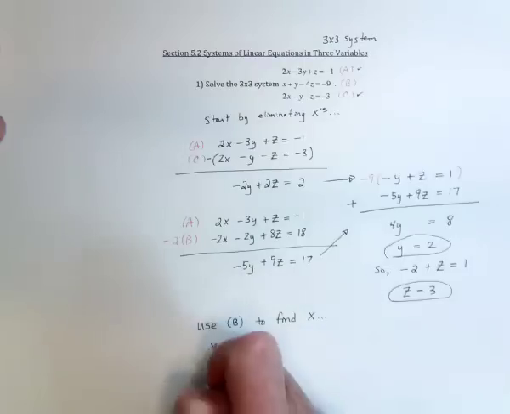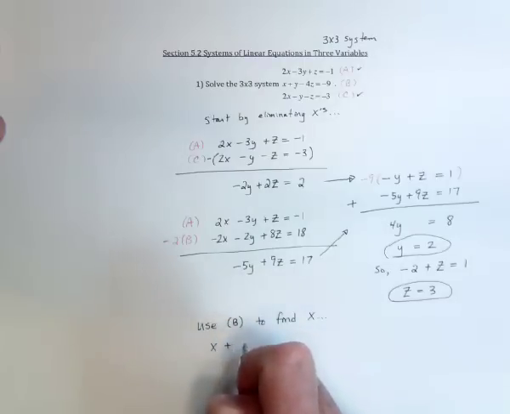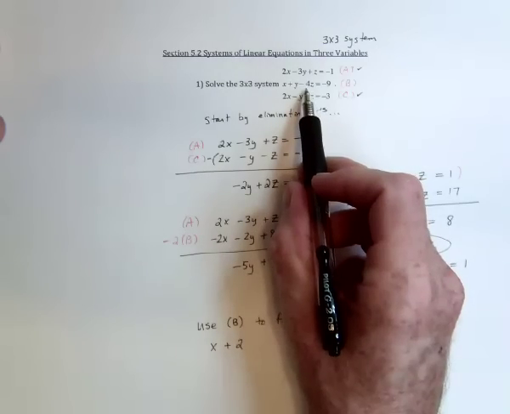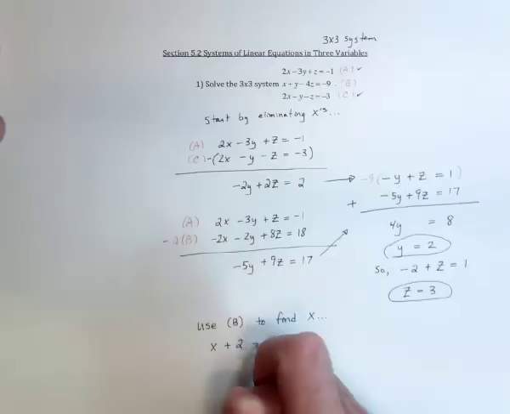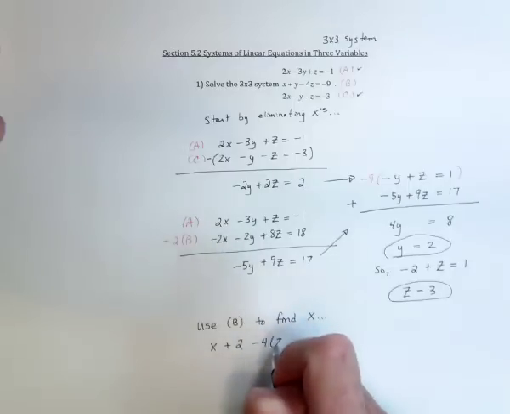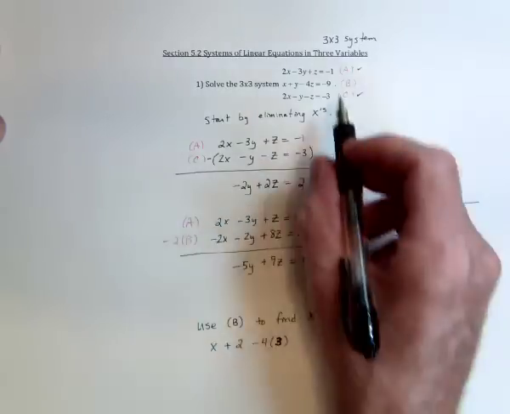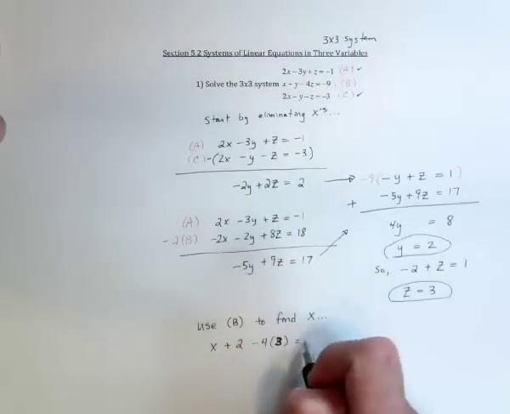So it's going to be x plus whatever y is equal to, a 2, and then minus 4 times z, which is a 3, equals a negative 9.